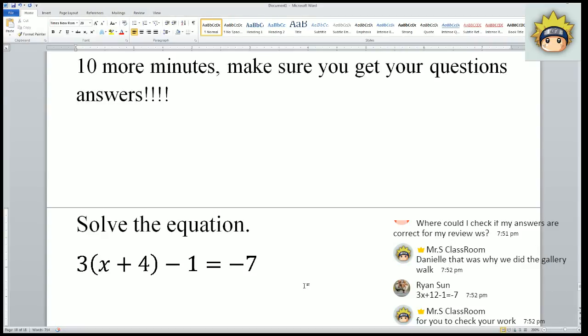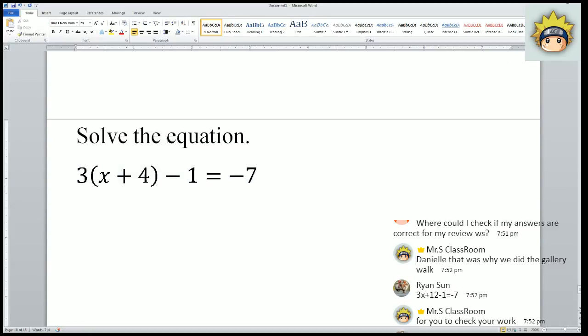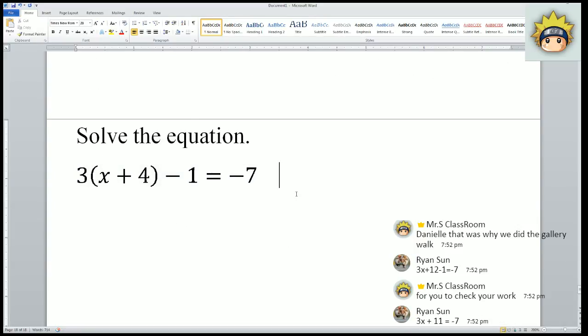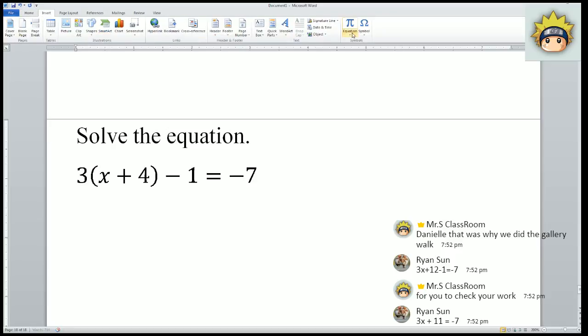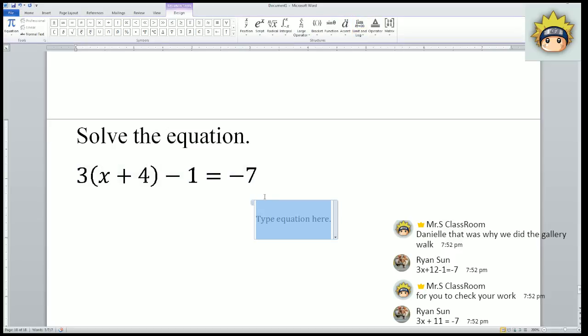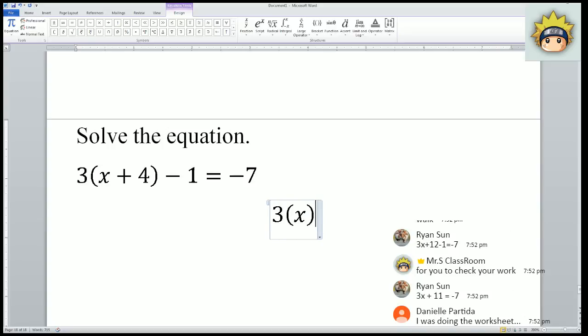Class, try this one. What should I do? I should distribute. Let me show all the work. 3x plus 3 comma 4, minus 1 equals negative 7.